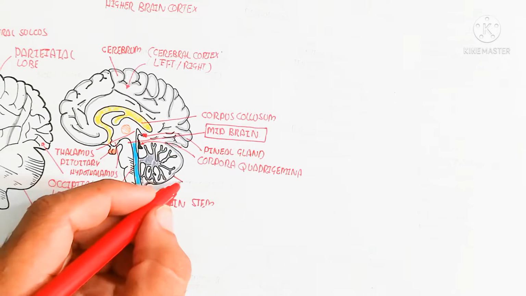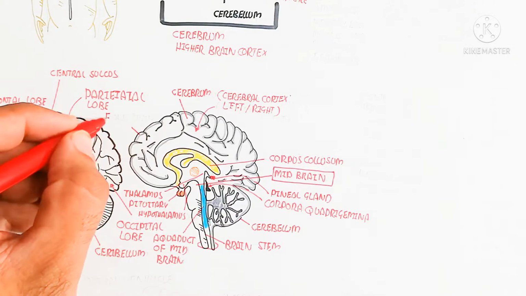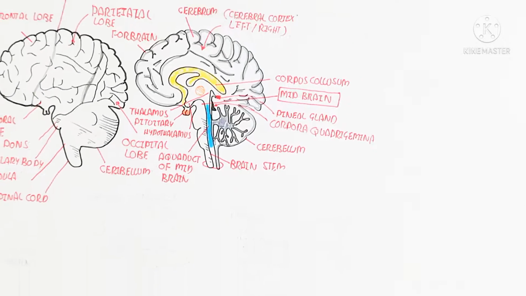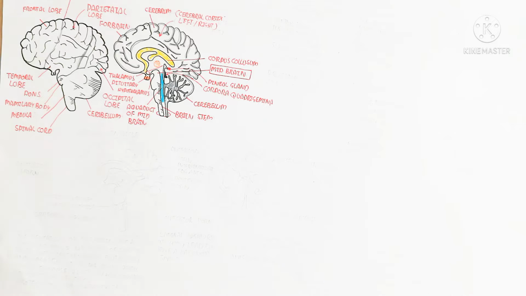Here is the pineal gland, which is used for the sleep cycle and produces melatonin. Importantly, here are the forebrain, the hindbrain and the midbrain, which are the parts of the brain we will be discussing.